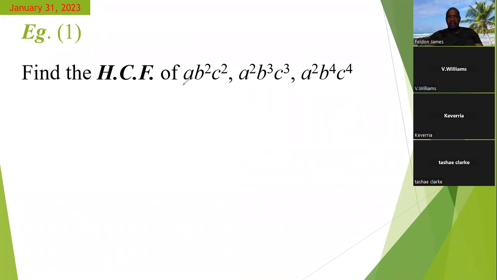All right, so this A would be the lowest power. So we pick that out. Do the same thing for B. What's the lowest power for B in all three of them? B2, sir. B raised to the power 2. So we're going to pick that out and group that with the A that we already chose.